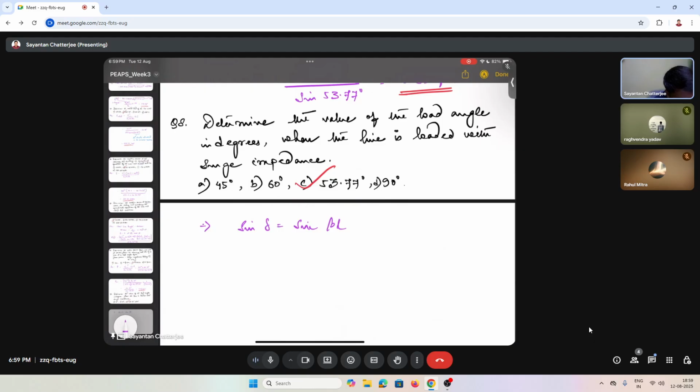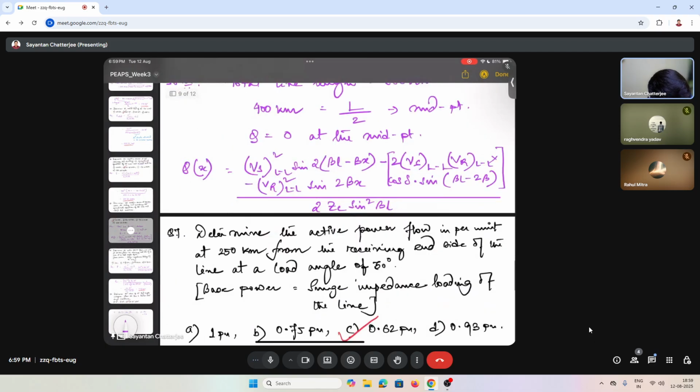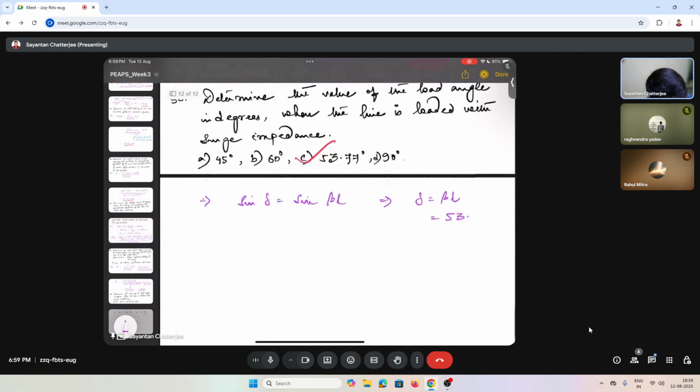This one is for the load angle in degrees we need to calculate. So directly we can say delta equals beta L, and already beta L we have calculated, 53.33, no, 50.7. Answer is here.